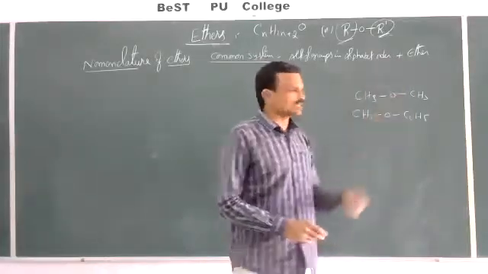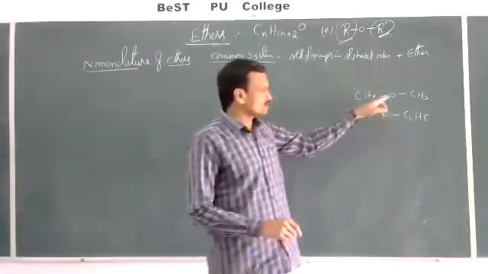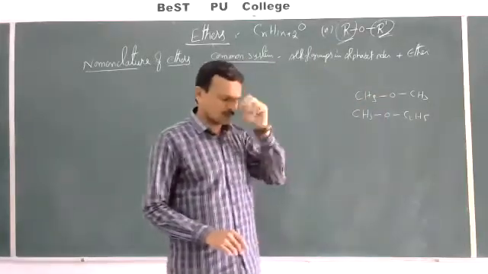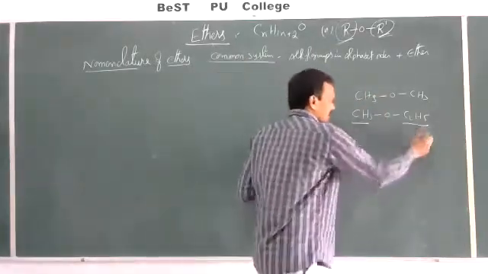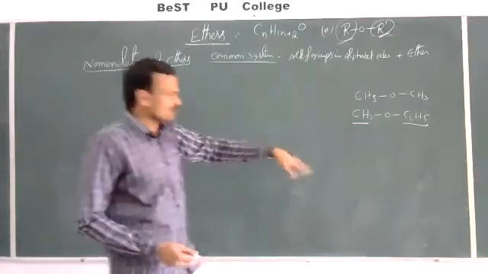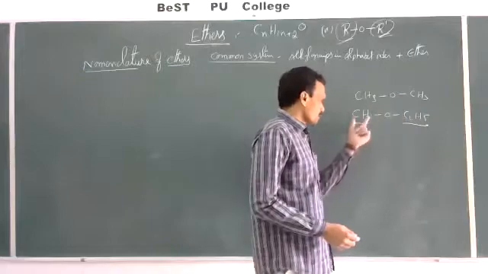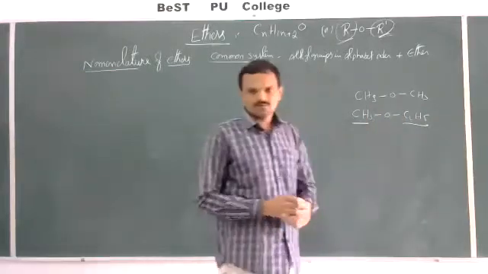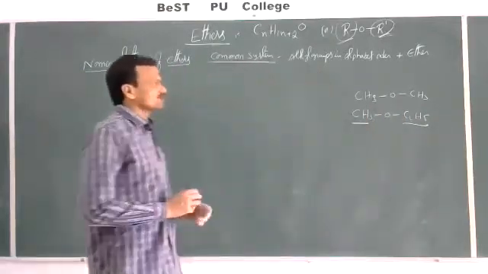So two methyl groups are there, dimethyl ether. This is common. And here, methyl, ethyl both are there. As per alphabetical order, first we should represent ethyl. Now this is named as ethyl methyl ether. So ethyl methyl ether is the common name.